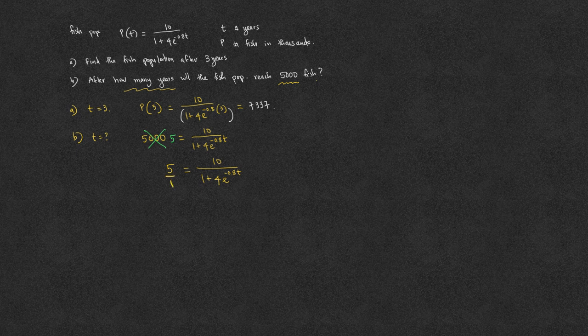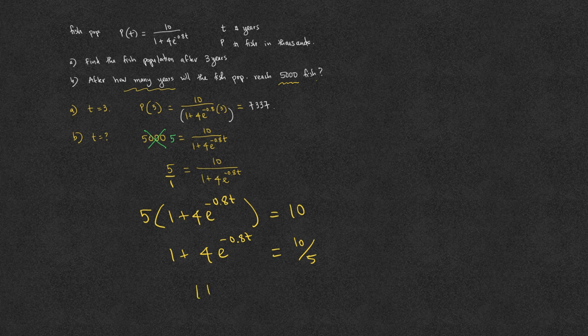We can think of this as cross multiply to get 5 times 1 plus 4 e to the negative 0.8t equals 1 times 10, which is 10. And so 1 plus 4 e to the negative 0.8t equals 10 over 5. But 10 over 5 is 2.